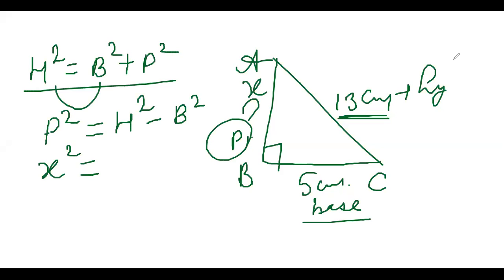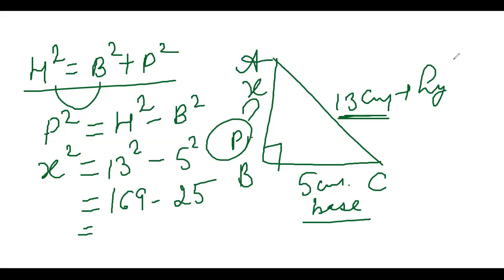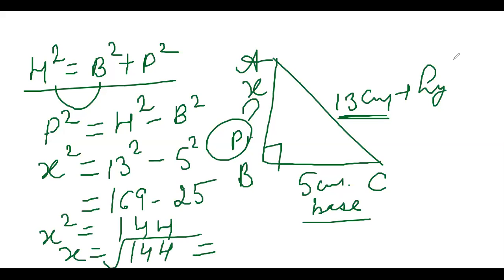So x square is equal to 13 square minus 5 square. 13 square is 169. 5 square is 25. Subtracted, 144. So what will be x here? As x square is equal to 144, according to the definition of square root, x will be the square root of 144, and the square root of 144 is 12, so that is 12 centimeter.